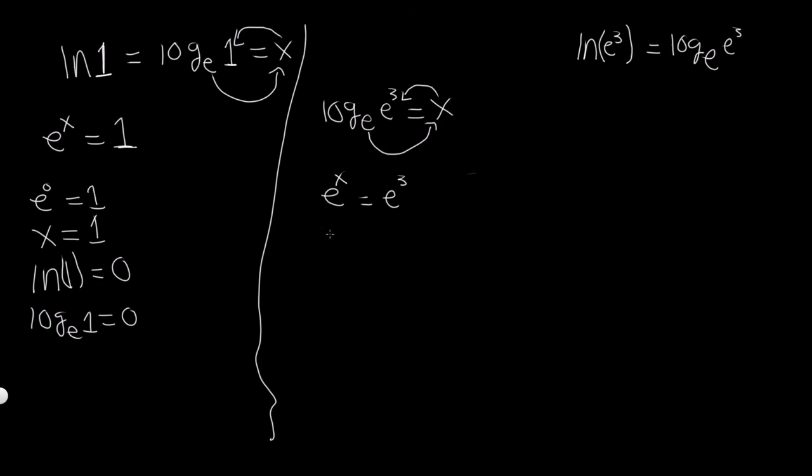If you remember from the last 4 videos, we were trying to get the same base so we could just compare the exponents. Since both of the bases are base e, we can just compare the exponents, and x is equal to 3. So ln of e cubed is equal to 3, and log base e of e cubed is equal to 3.